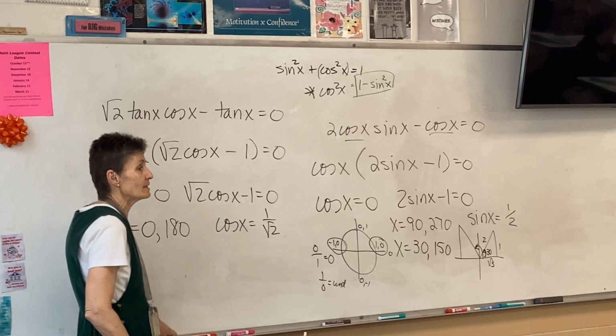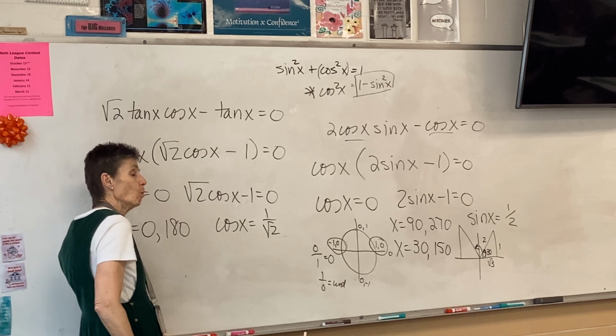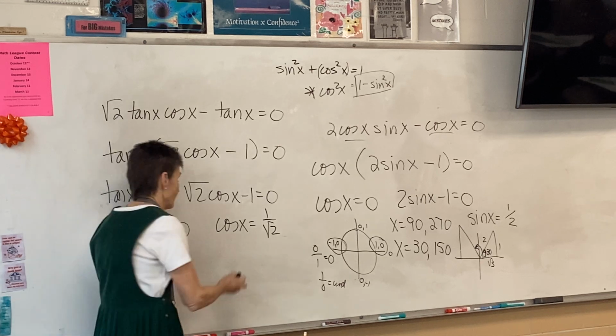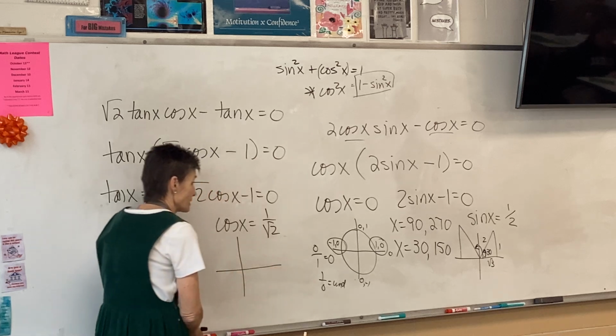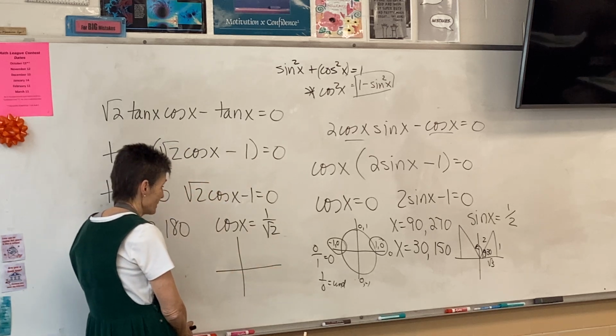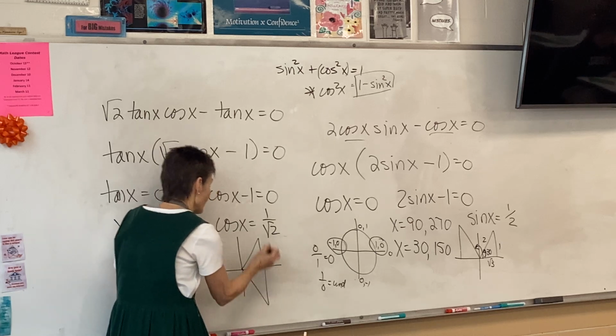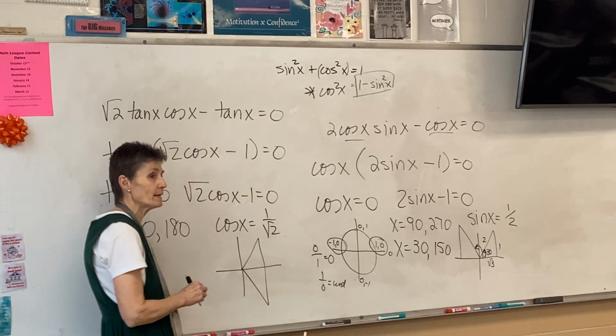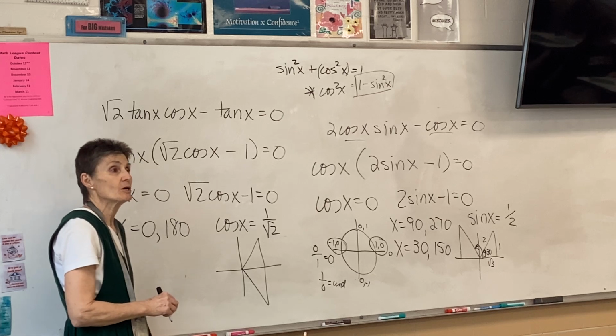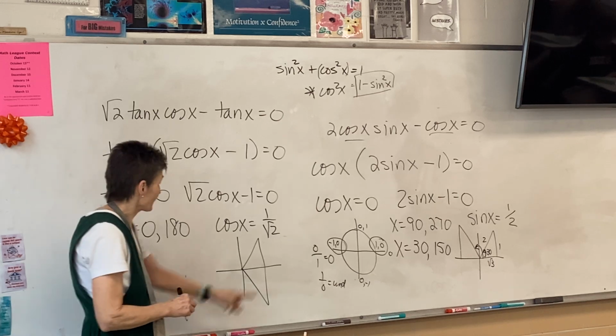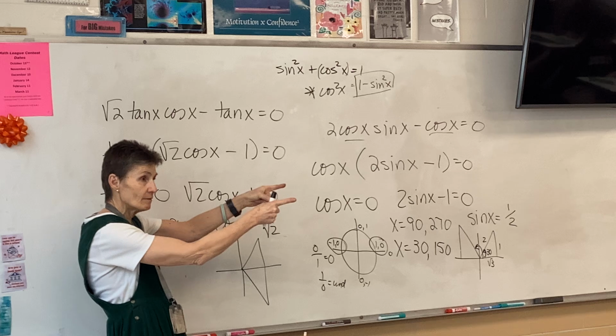All right, where is the cosine 1 over root 2? Well, let's start with which quadrants it's in. 1 and 4. Why is it in 1 and 4? Because cosine is x, and x is positive on the right.